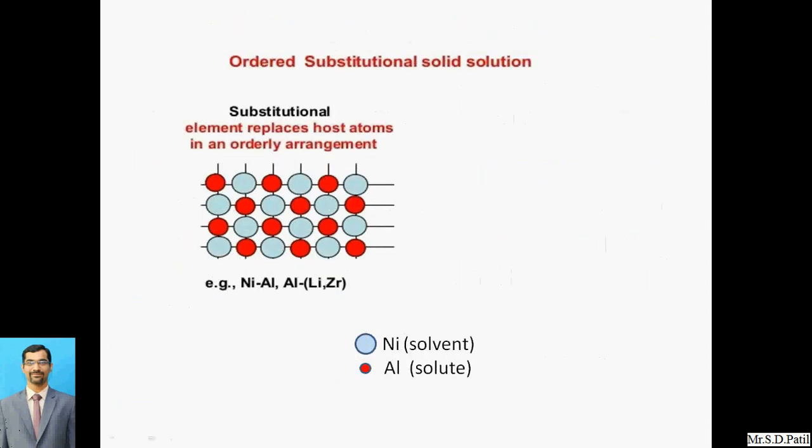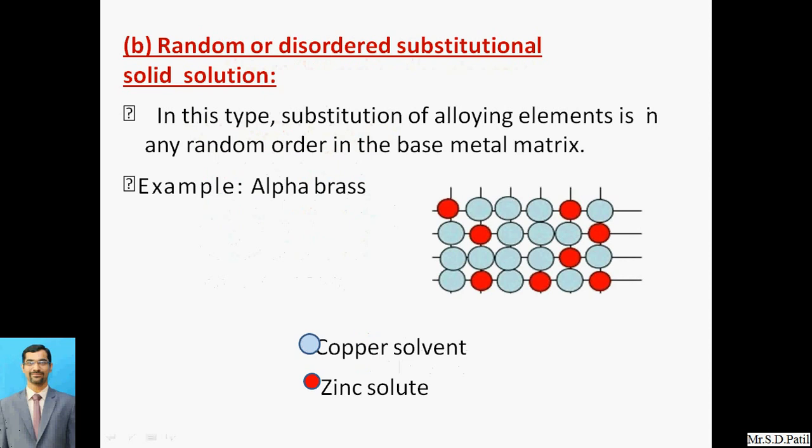In the ordered structure, the solute occupies spaces in the solvent in a very good, fixed order. In the random one, the solute occupies spaces in the solvent anywhere.